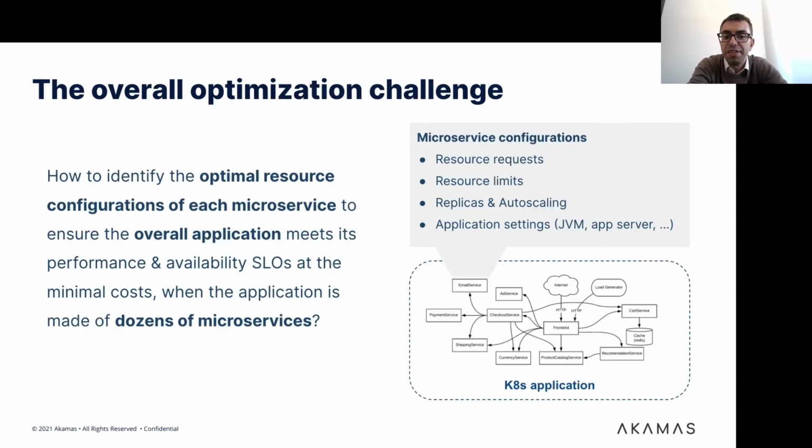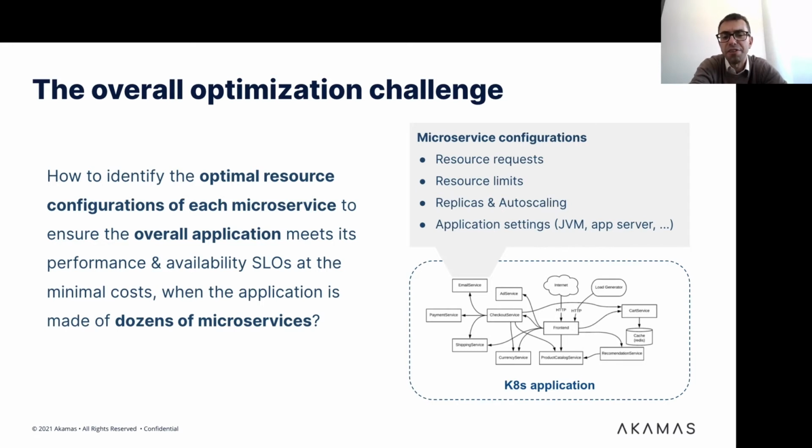What we have just discussed about how Kubernetes manages container resources and their interesting implications explains why tuning Kubernetes is a tough job. However, as developers, performance engineers, or site reliability engineers, we know that a Kubernetes pod is just one piece in the overall picture. A Kubernetes cloud-native application is typically made of dozens of microservices, so the optimization challenge becomes even harder when considering the full picture.